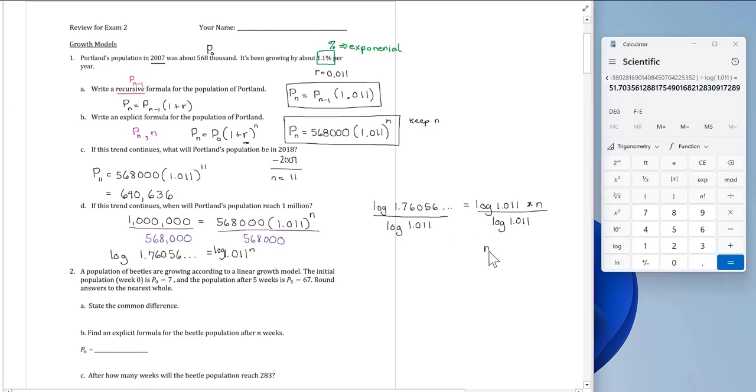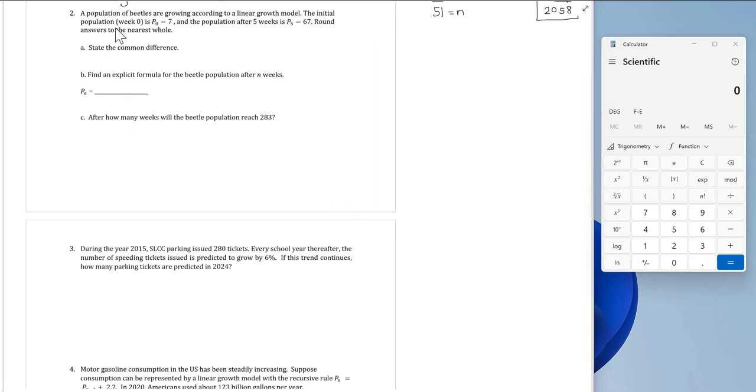So N is approximately 51.7035, or since this is a year, I'm probably just going to round it to 51, or in the 51st year, and add that to my 2007, my initial year, to figure out what actual year the population will become 1 million. So in the year 2058. Let's move on to question 2.